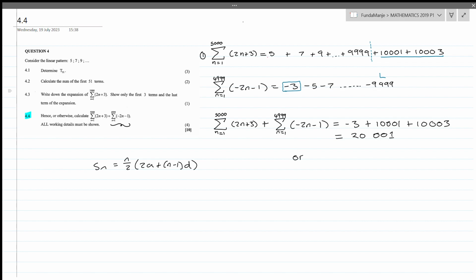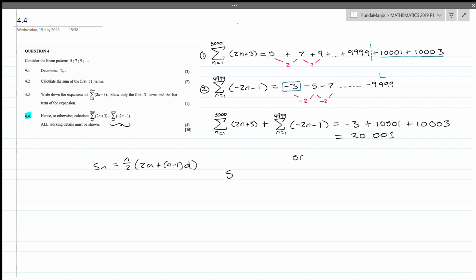So we have this first one and this second one, these two series, and we can attain all the details that we need in order to substitute into this formula.